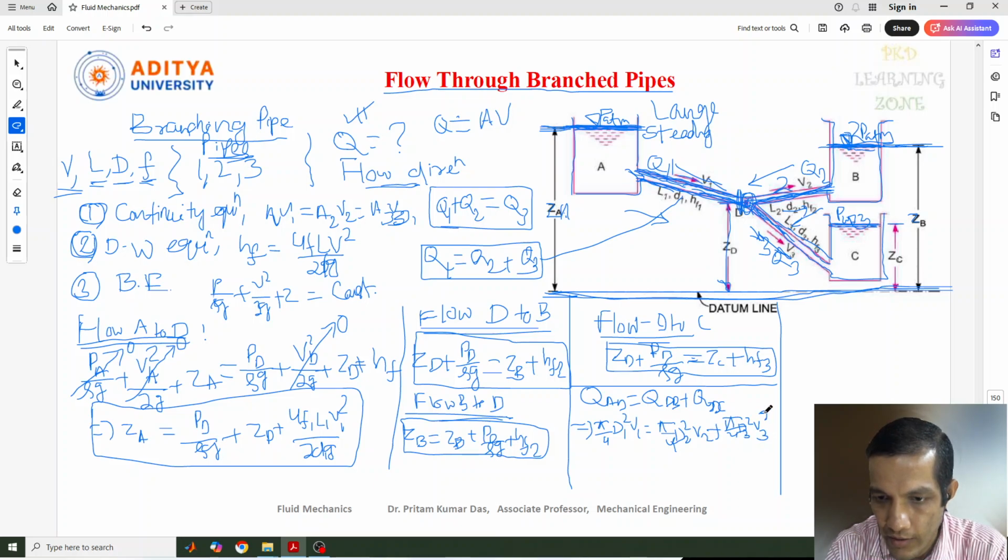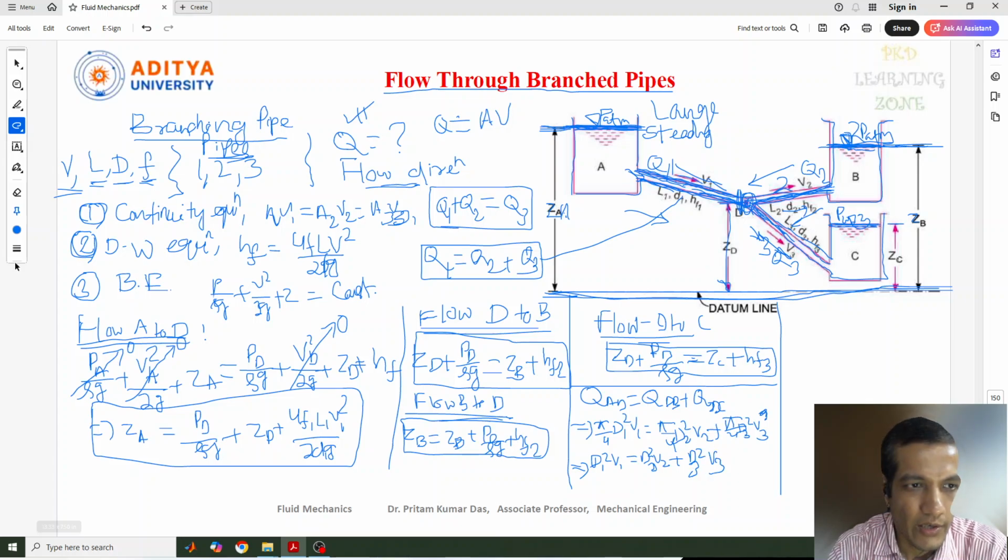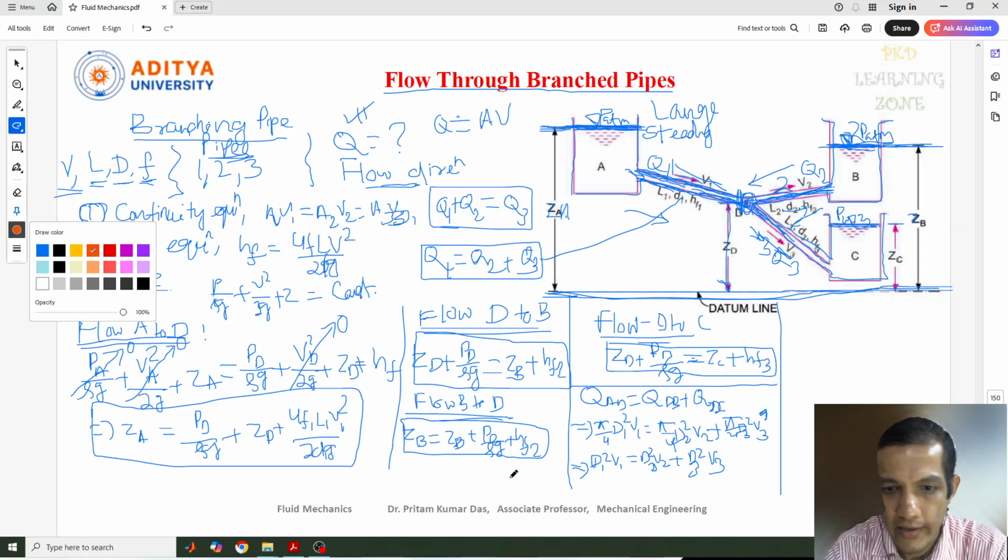If we cancel all this pi by 4, what I get is the final equation: d1 square v1 equals d2 square v2 plus d3 square v3. So this is the final equation.